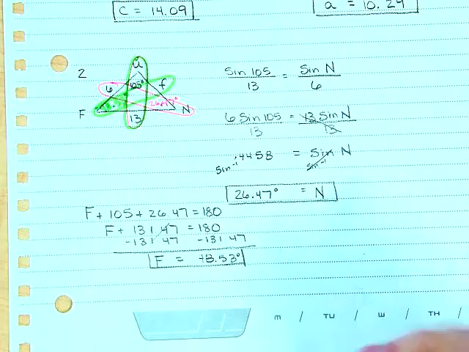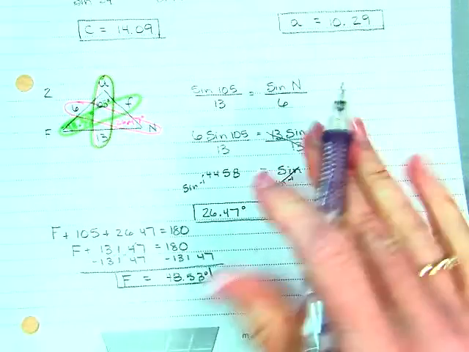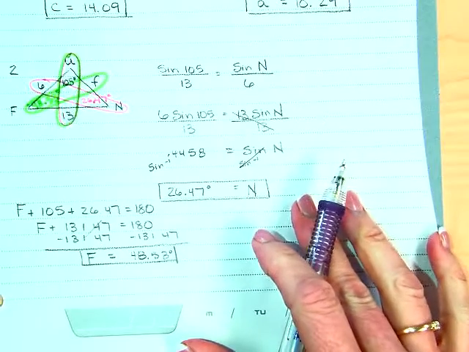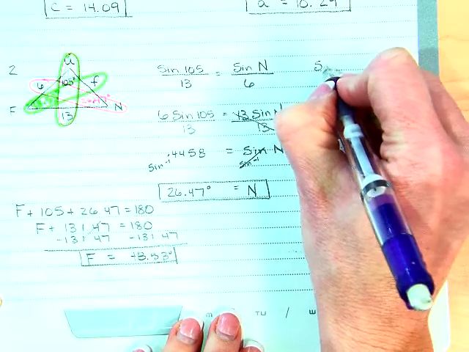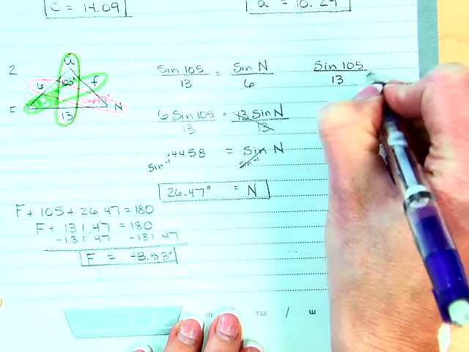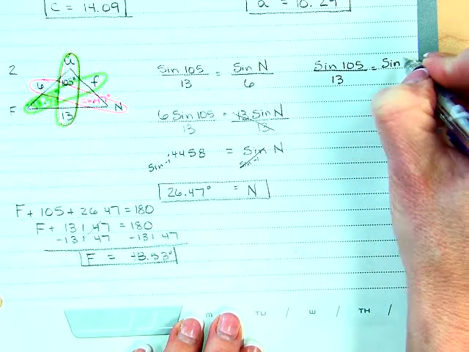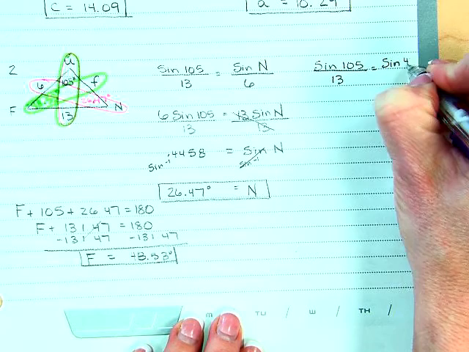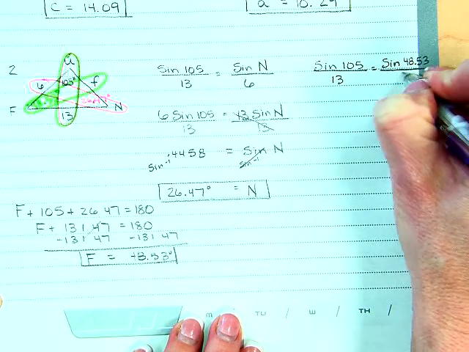Okay, so off here, then I'm going to do another law of sine. I'm going to scooch this over a little bit. So we're looking at starting again with the sine of 105 over 13 equals the sine of 48.53 over little f, because I don't know it.